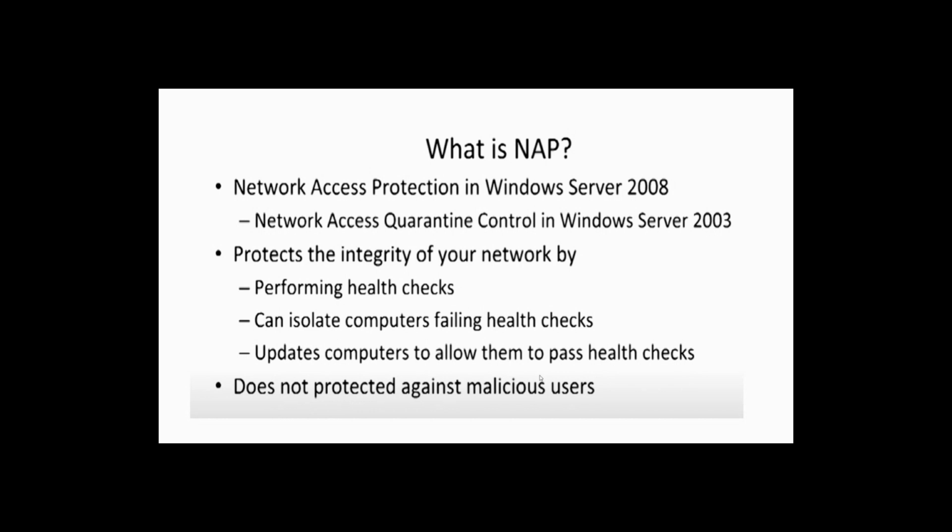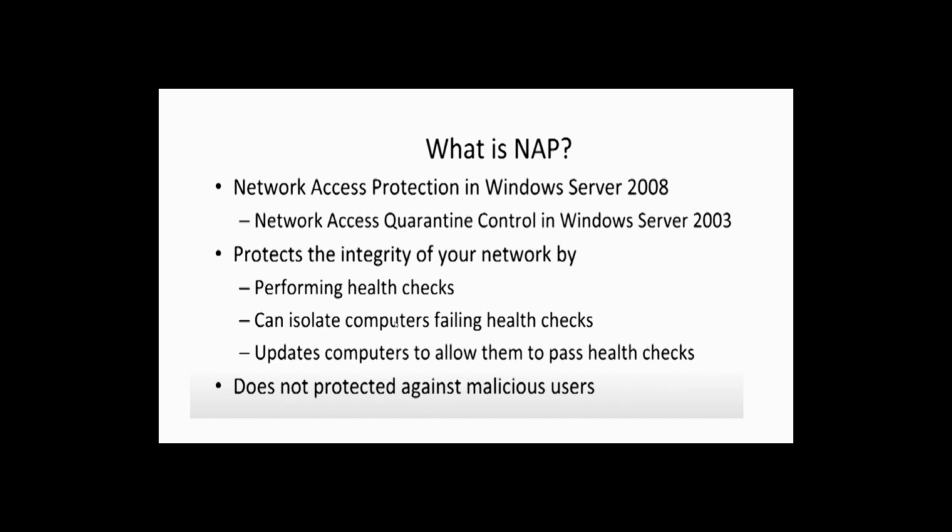So basically, as you can see in this slide, in Windows Server 2003, the NAP was called Network Access Quarantine Control. They distinguished that later by calling it network access protection, just to let you distinguish between NAP and network access control.